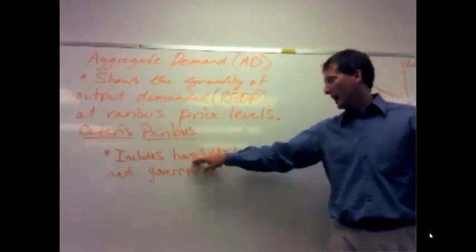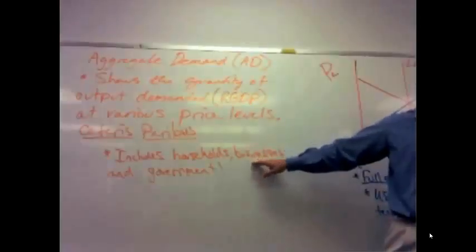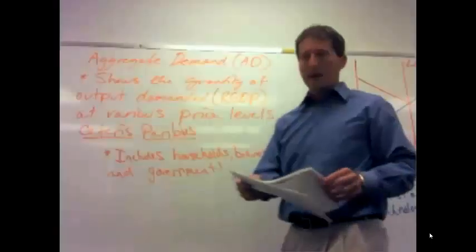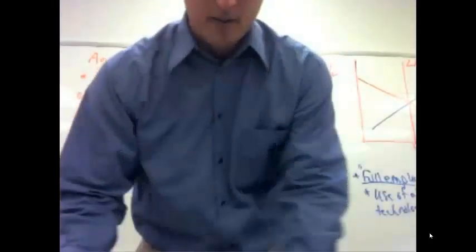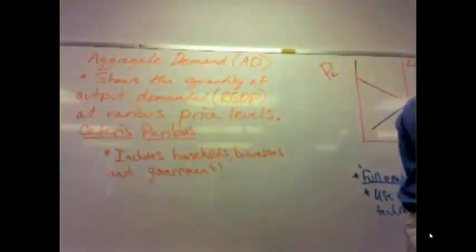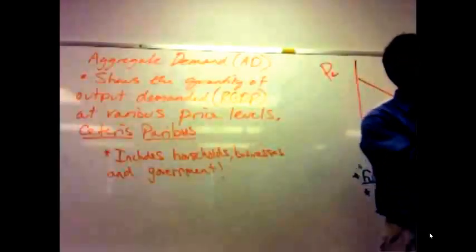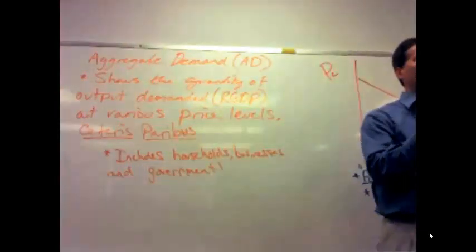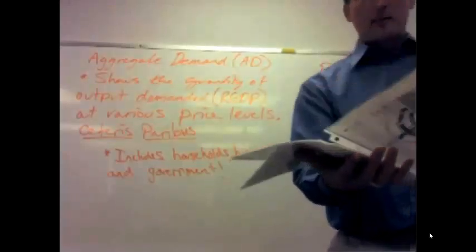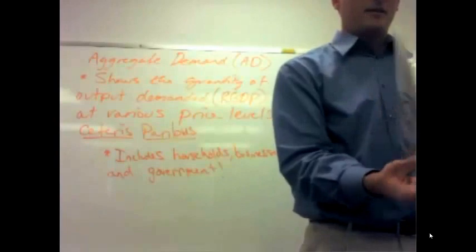And so we've got households as the demand curve, businesses as the supply curve. Now we've got everybody out there competing for those goods. Government, businesses, and households.